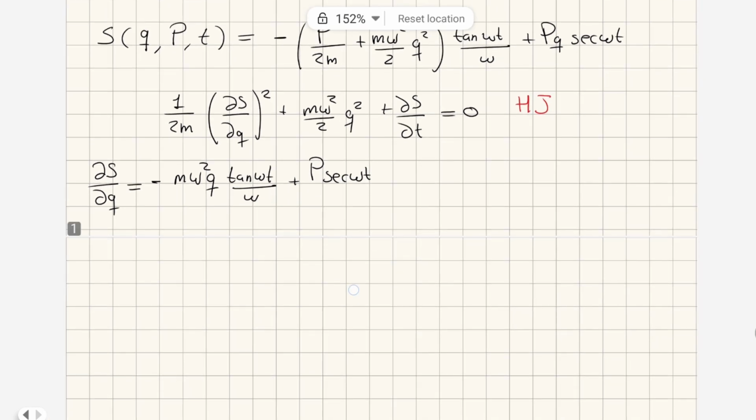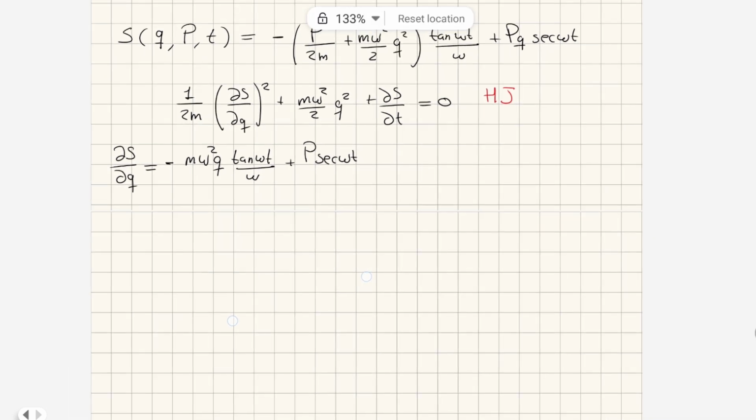And then we need to calculate the derivative of s with respect to time. By now this q will be a constant, so we are writing the same thing, plus m omega squared divided by 2 q squared, and then we are going to take the derivative with respect to time of this.